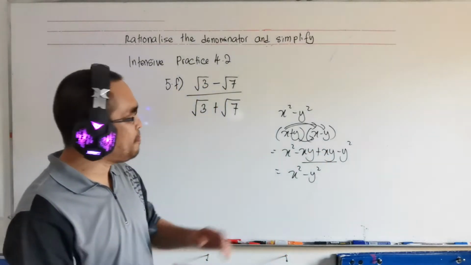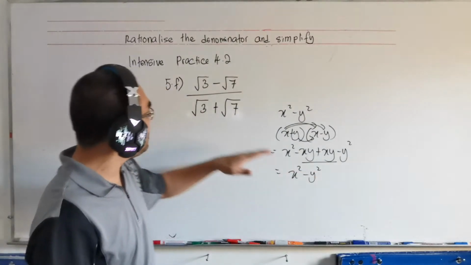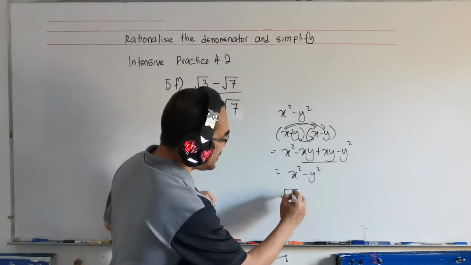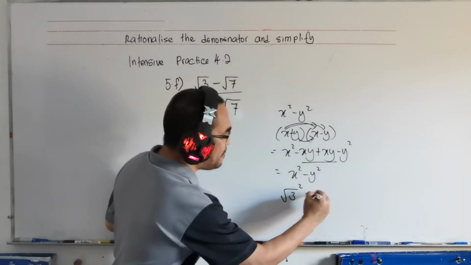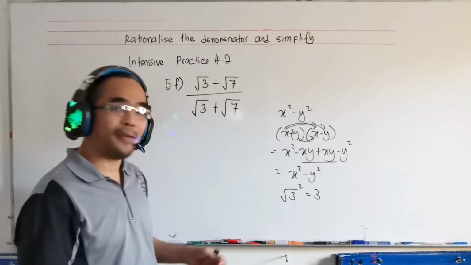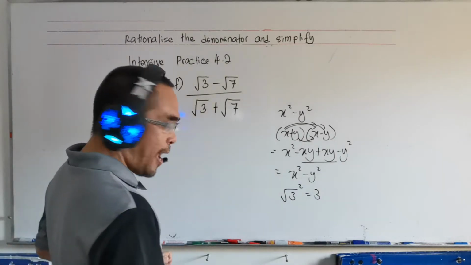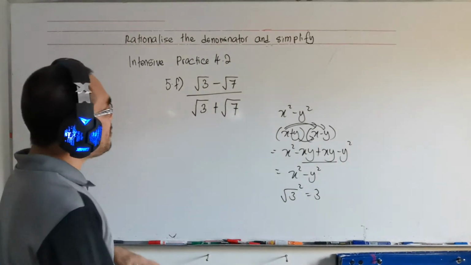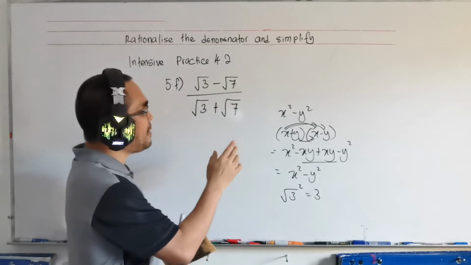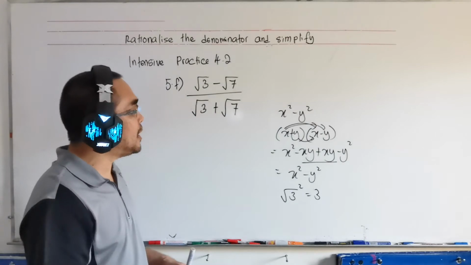So what is so important about this? We are going to do this because if you have square root 3, for example, and you square it, it becomes 3. So there's no more square root if you do that. So whenever we have plus here, you multiply by minus, because x plus y, you have to multiply by x minus y.